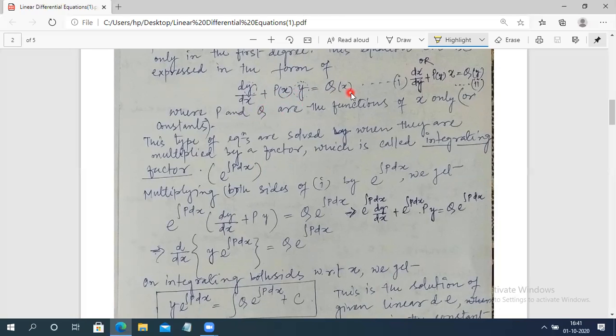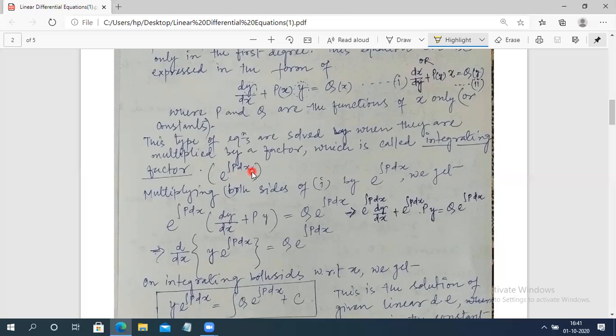First, consider this type of equation. The integrating factor may vary in different cases, but for a linear differential equation of this type, the integrating factor will be e raised to the power ∫p dx, where p is a function of x.